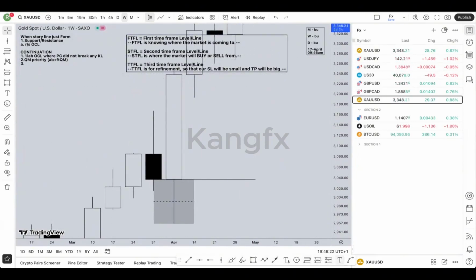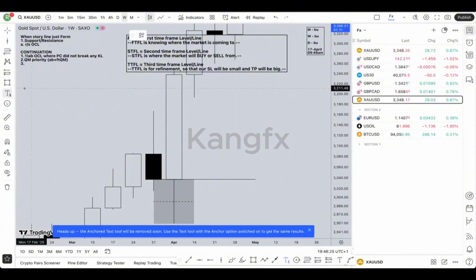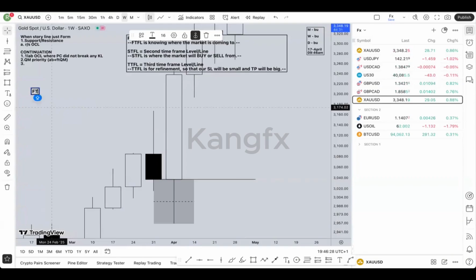If our FTFL is on weekly time frame, then our STFL will be on daily, while our TTFL will be on 4 hour.